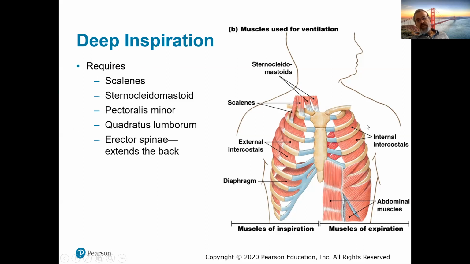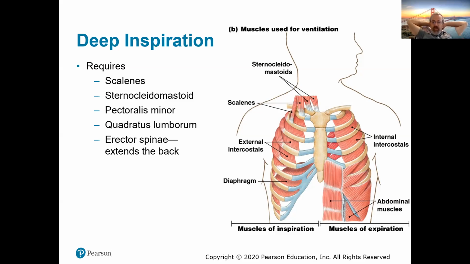Now you might wonder, what are these? In as much air as we brought in, when we exhale, we can't just exhale normally. We need to get rid of all that excess air. With quiet breathing, remember, with exhaling or expiration, there were no extra muscles, right? It was just the diaphragm and the external intercostals relaxing.